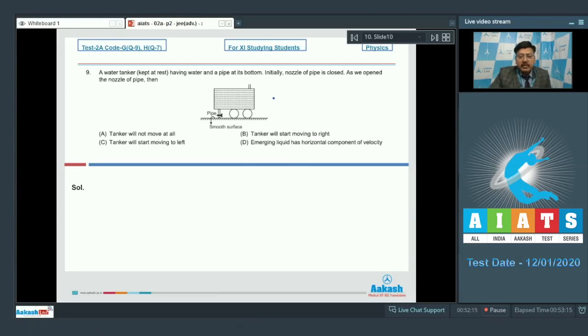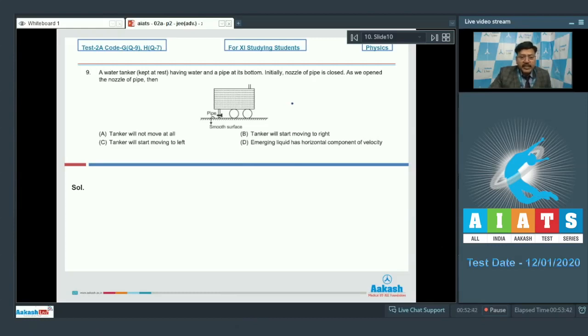So that means the tanker will start moving towards the right, and as the liquid is coming out, the horizontal component of the liquid which is coming out is the same as the horizontal component of the tanker. So that means the emerging liquid has a horizontal component of velocity. That will also be true.